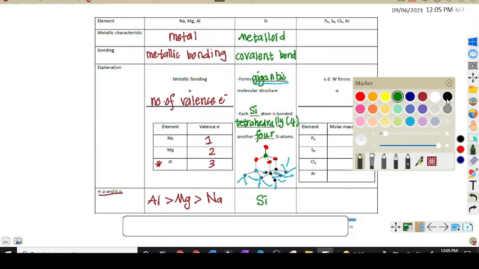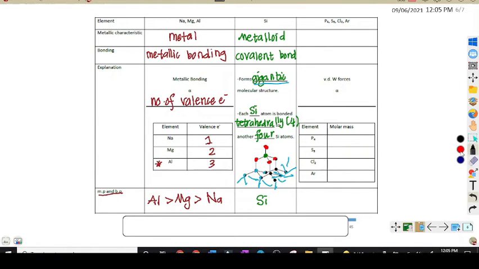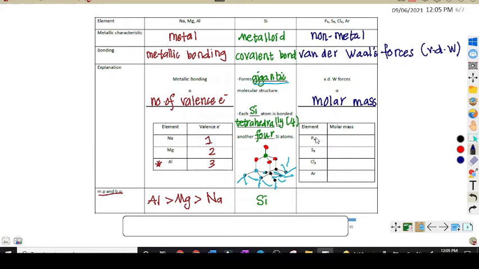The last one would be the phosphorus group. These are non-metals, so they will have van der Waals forces, or VDW for short. Van der Waals forces are directly proportional to the molar mass. So you have to calculate the molar mass for phosphorus, which should be written as P4, sulfur as S8, and chlorine as Cl2.